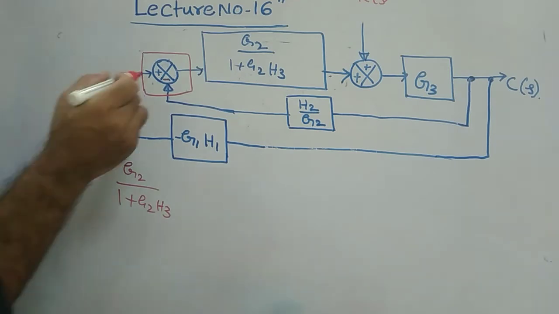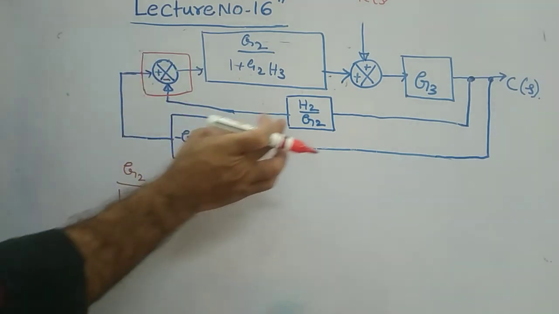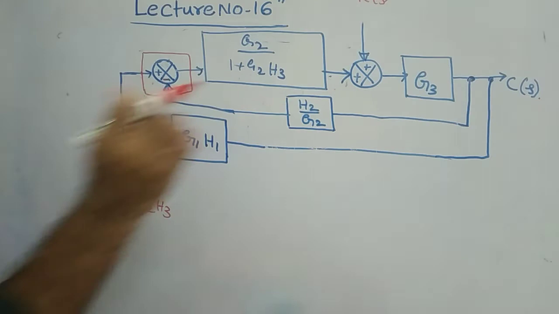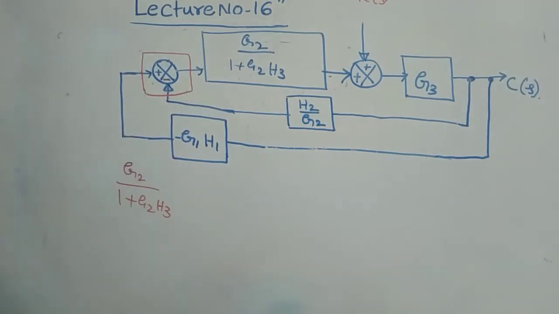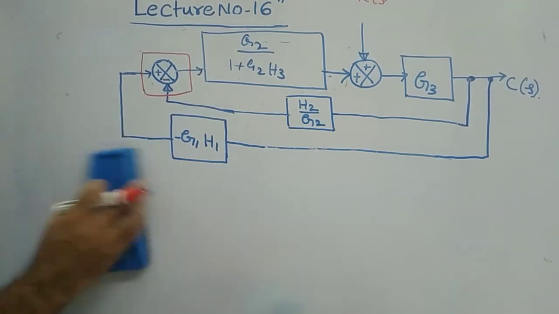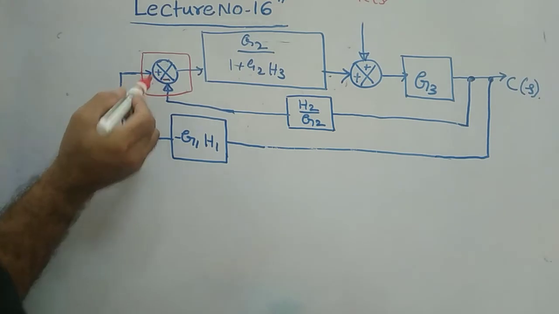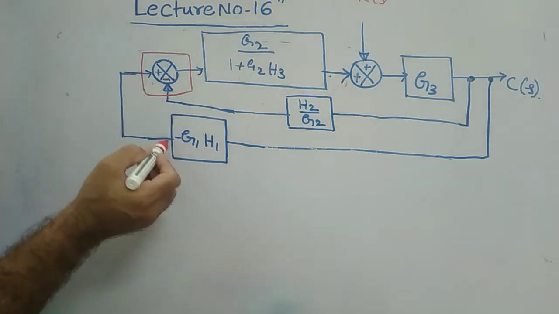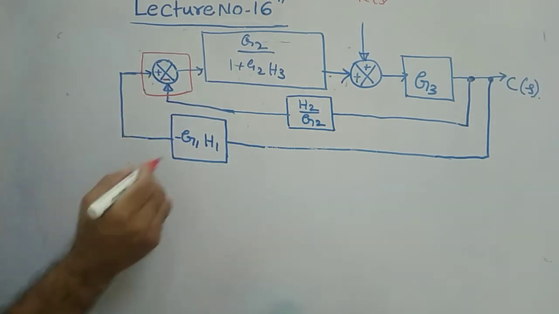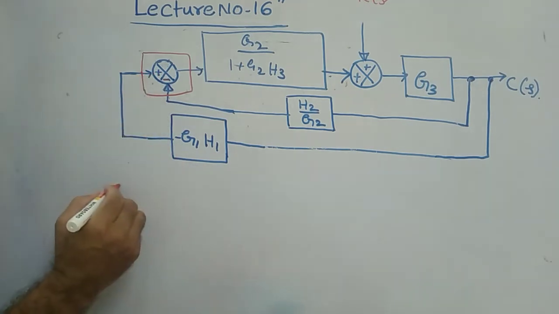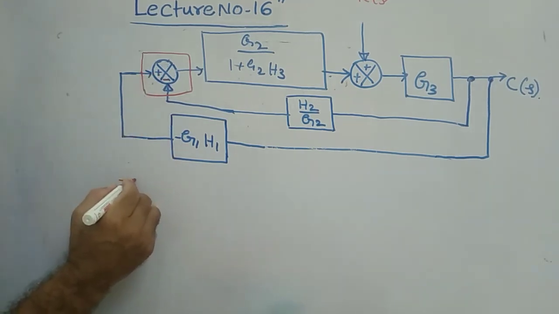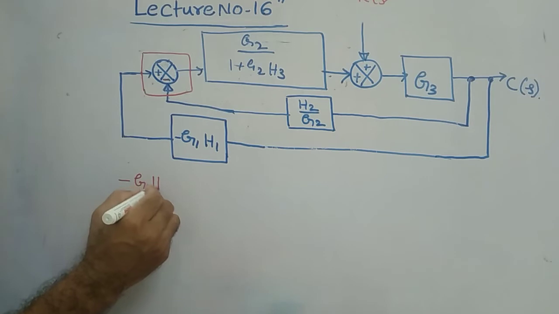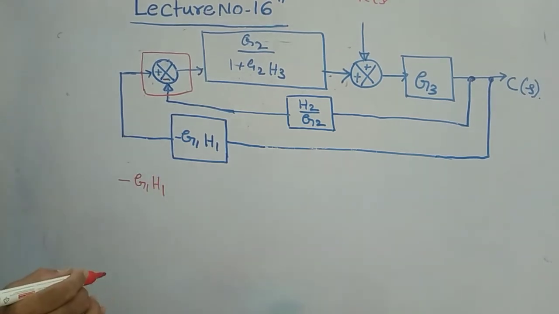That means what is plus, this is 1, and minus of this much, so what you will write here: it is actually minus G1 H1 going to plus only, that means plus into minus only. So this means minus G1 into H1, the equivalent I am writing.